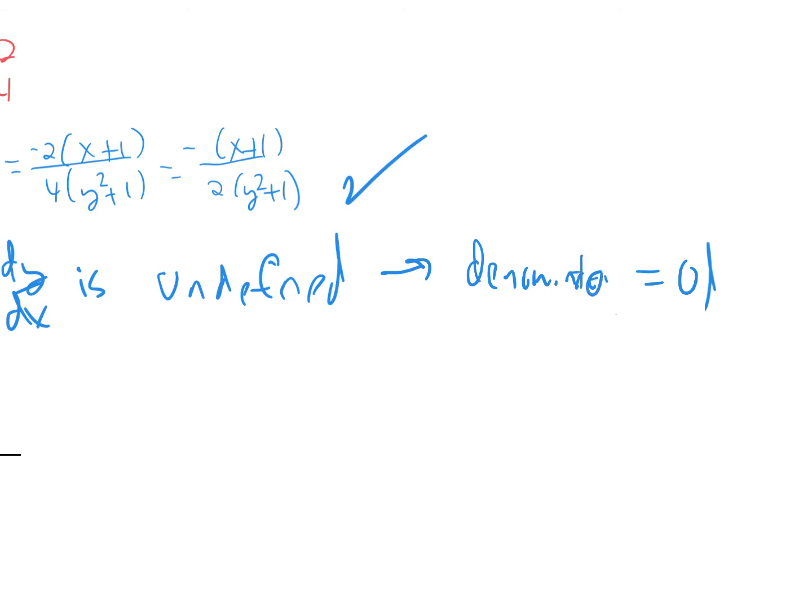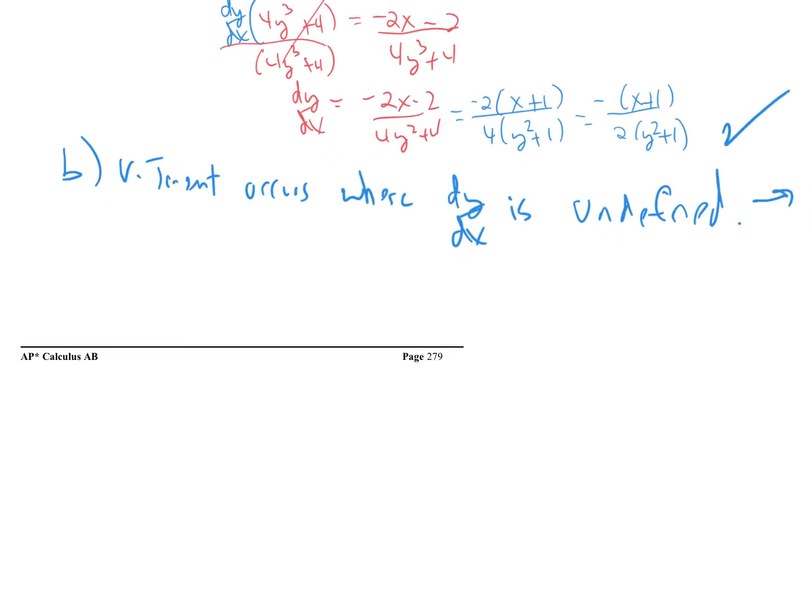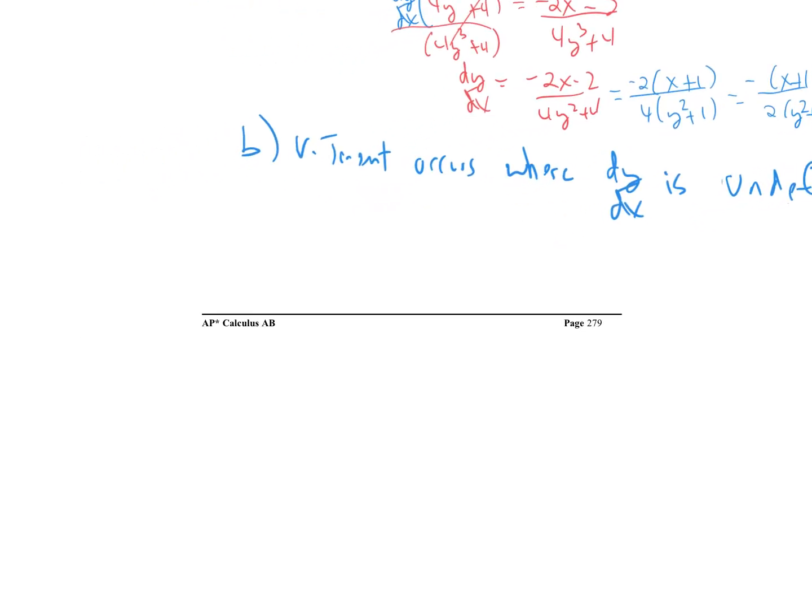So what I'm going to do is take that denominator, 2 times (y cubed plus 1), and set it equal to 0. If that was equal to 0, which it can't be, the derivative is undefined, that's the whole point of a vertical tangent. Solve that for y, and let's see what we get here.